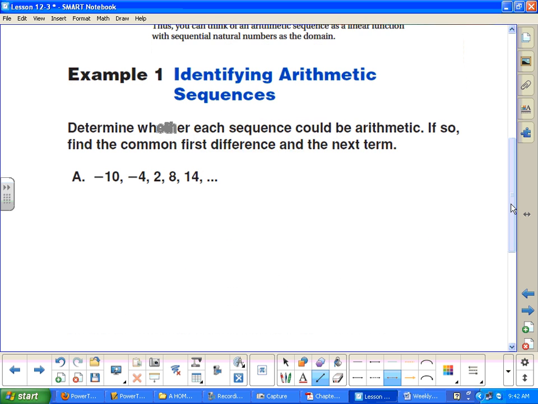Okay, so first we're just going to tell whether or not these are arithmetic. They want us to find the common first difference and then the next term in the sequence. So we find the first difference, so we're going to do our subtraction. Remember, we always work backwards.